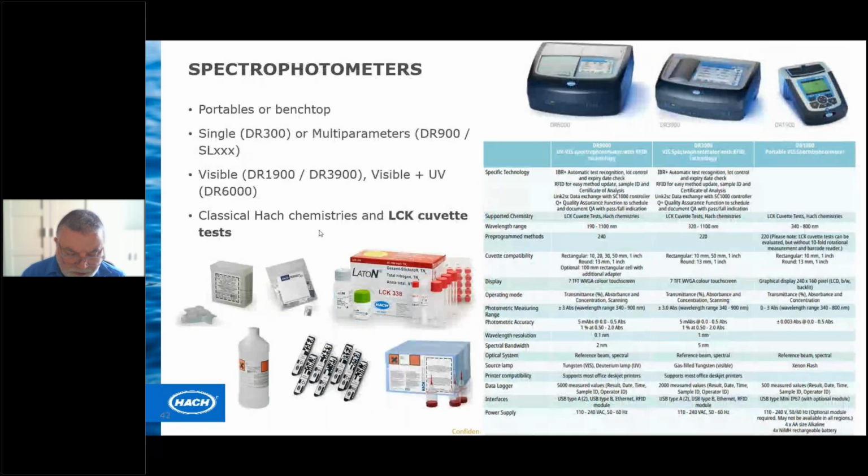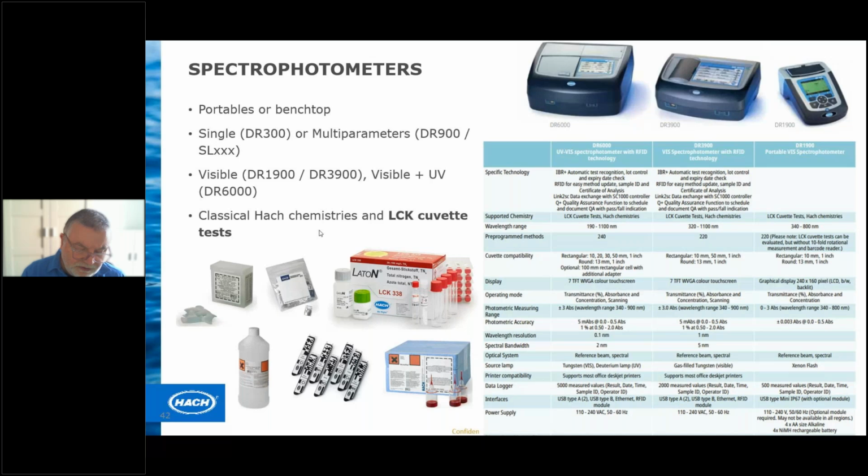Regarding the spectrophotometers, we have three models. They all allow the use of LCK cuvette tests in addition to classic chemistry. The portable version, the DR1900, is more limited than the laboratory versions and does not have barcode reading, 10 points measurement, or the TrueCal function.